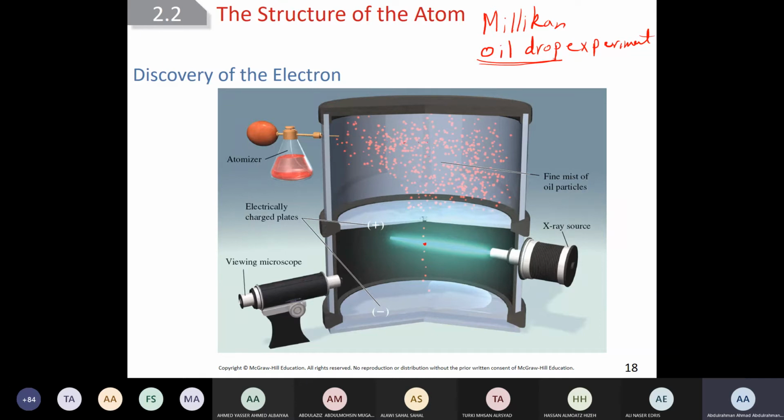He was watching this experiment by microscope, and by hitting them with X-ray, there were charges in the particles. He was able from this experiment to calculate the charge of the electron. E, charge of electron.